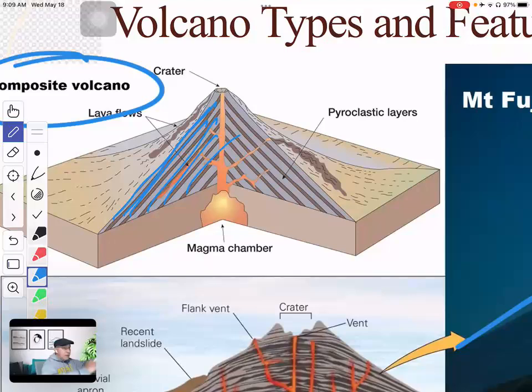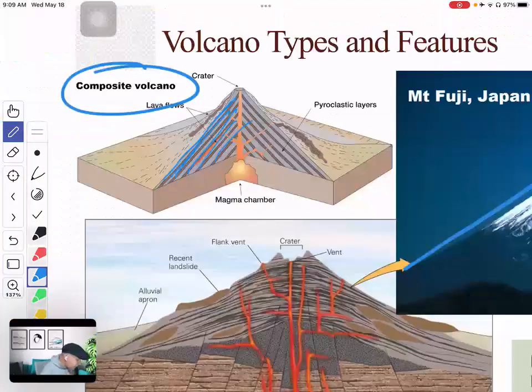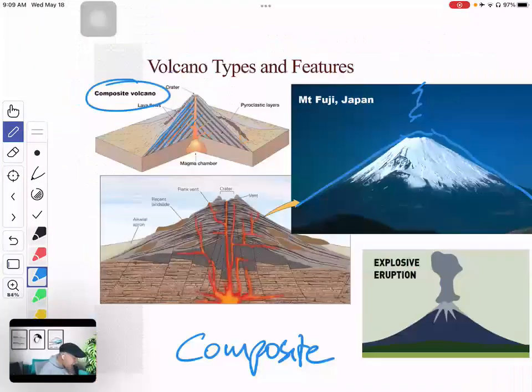And then there is ash associated with that, because those explosive eruptions have lots of ash, and that ash falls on top of that layer of lava. Okay, so you have successive layers of lava and ash or pyroclastic material. So that's a composite volcano. That's the classic view. When you think of a volcano, that's what you think of.